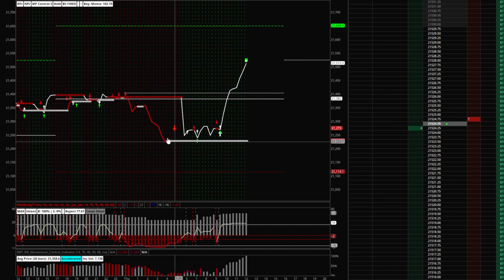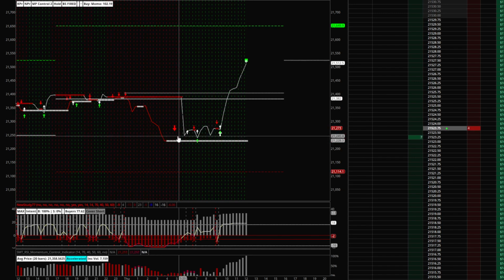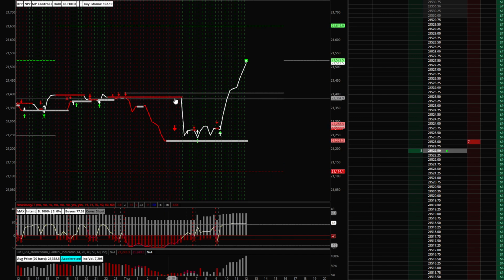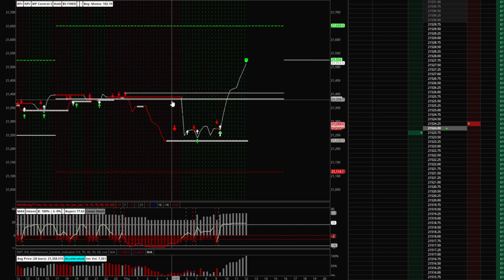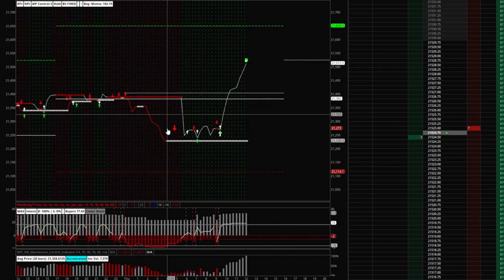So you can go long right here and get a scalp. If you were entering short here for the first time, and you didn't enter back here, but you enter in here, you could still make some money going short. You can make money going in both directions.